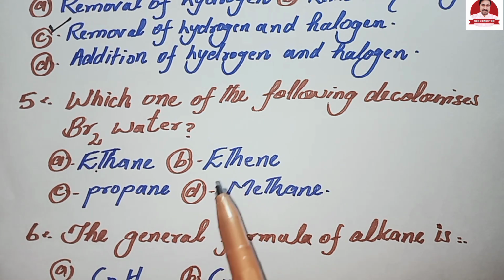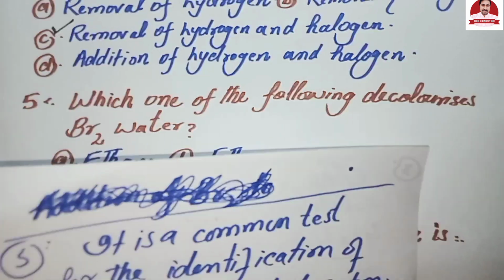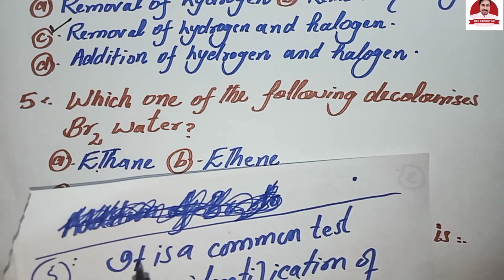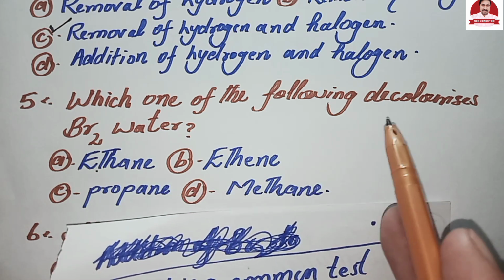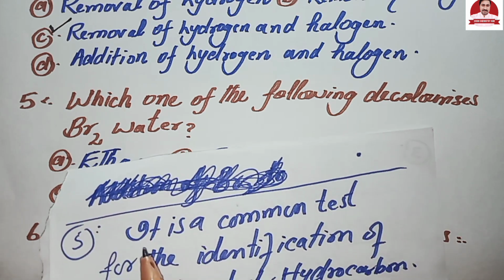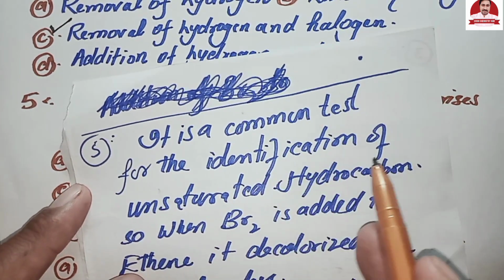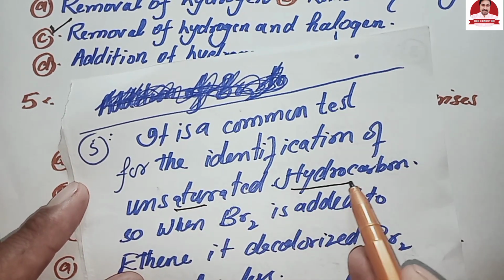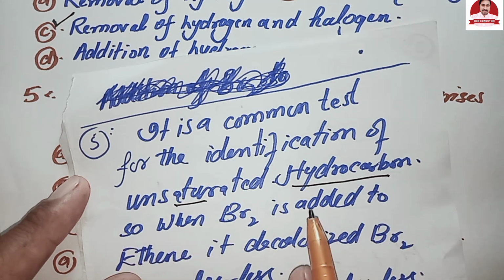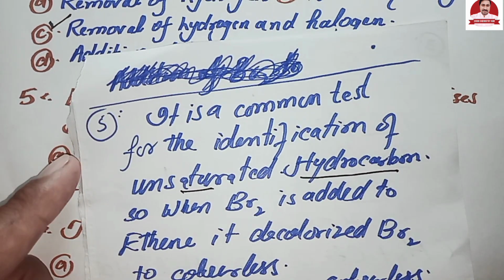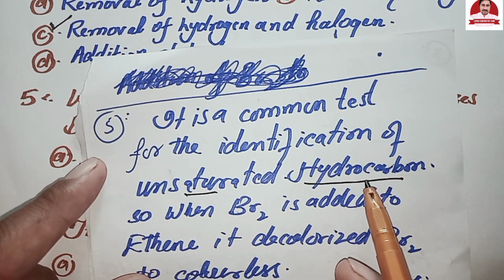So bromine water or bromination is a common test for the identification of unsaturated hydrocarbons. As we know, unsaturated character is present in alkenes.